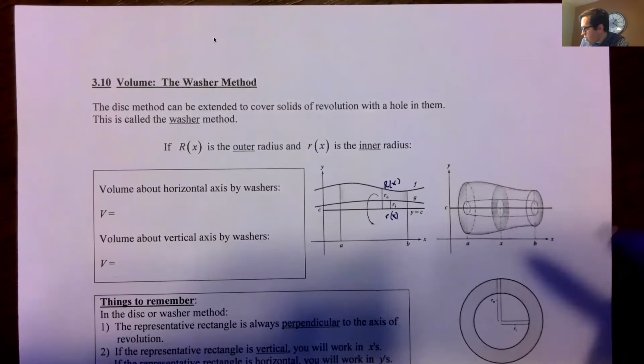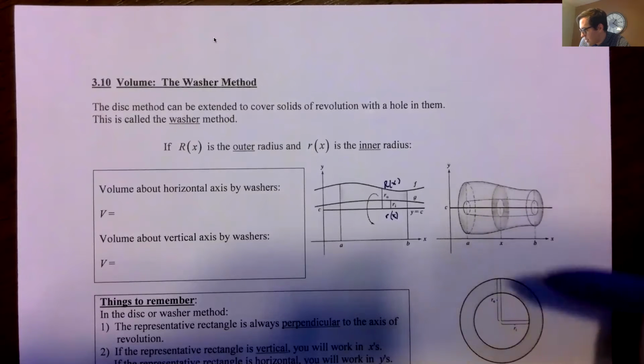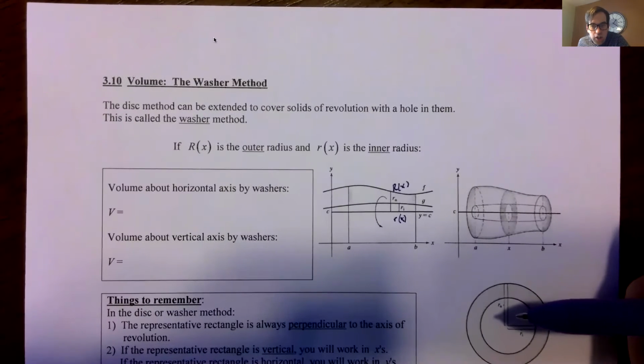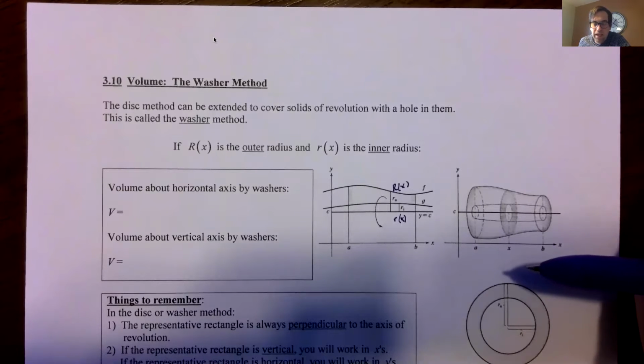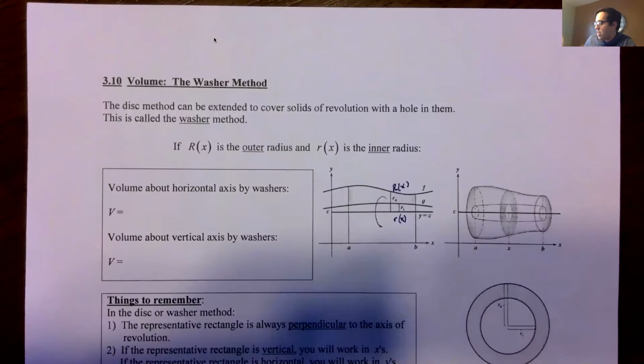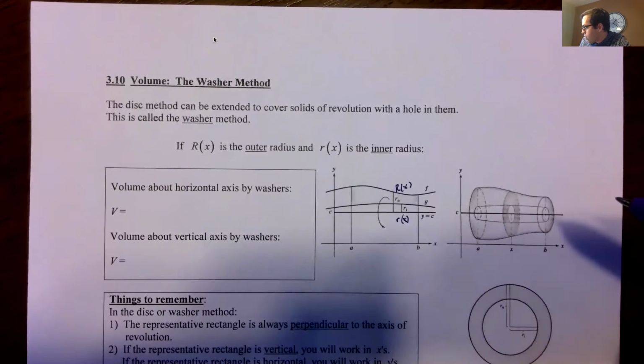And if you look at just what's being formed here, this slice looks like a washer, if you're familiar with tools. That's why this is called the washer method, right? Because it's like a washer that you would put on a screw. And so we've got an outer radius and an inner radius. So that's what we're working with here.